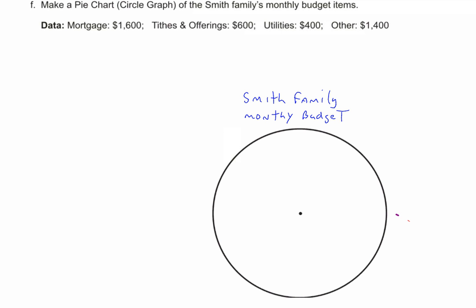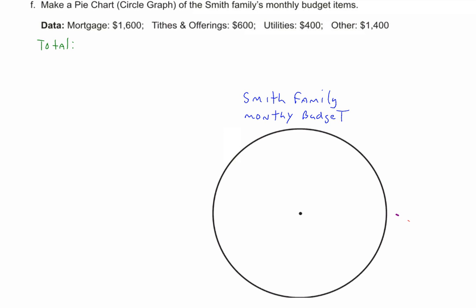Okay, now before we do anything else, we have to figure out what each pie slice is worth. So the first thing I need is the total. Grab your calculator and total everything up. Once somebody has that number, raise your hand and let me know.